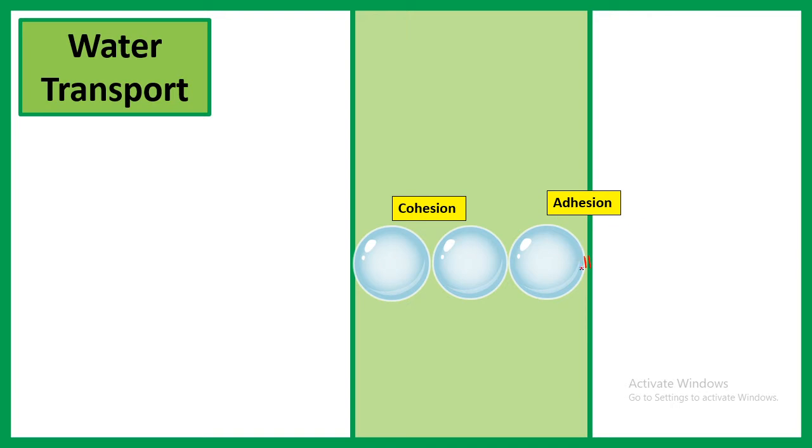So the force operating over here is the adhesion force. Okay. Now the cohesion force is what? The cohesion force is the force between two water molecules. Since you have learned about gravitation, you can tell that any objects in this universe attract each other. So water molecules attract each other.